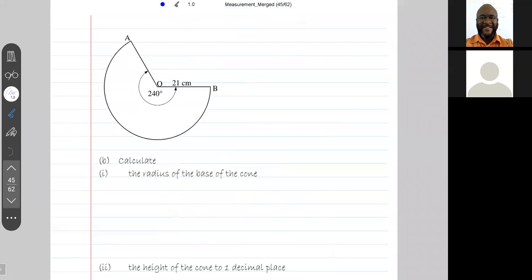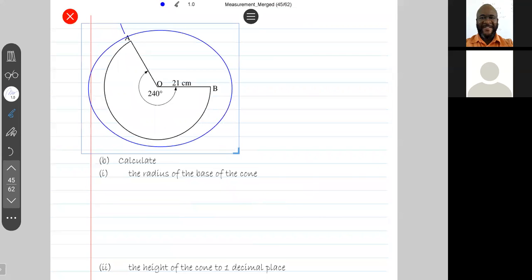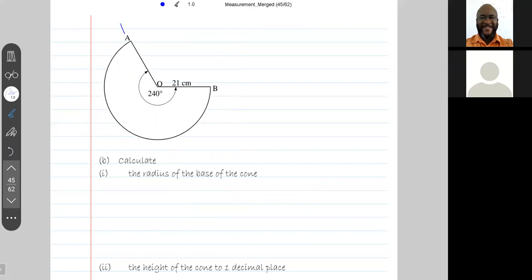So what you needed to remember is that the length of the arc from A going all the way around to B is actually what becomes the circumference of the base of the cone. So the cone is formed when OA and OB are joined together. When you join OA and OB, the cone is formed. So I have my cone.